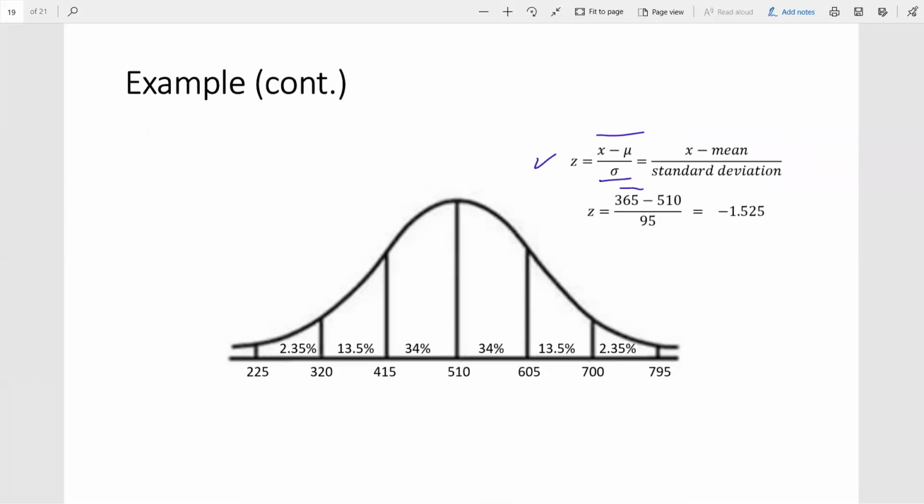His score was 365 and the mean was 510. We subtract that off and divide by the standard deviation and we get minus 1.525. So this student who made 365 is about right here, and he's minus 1.525 standard deviations below the mean.